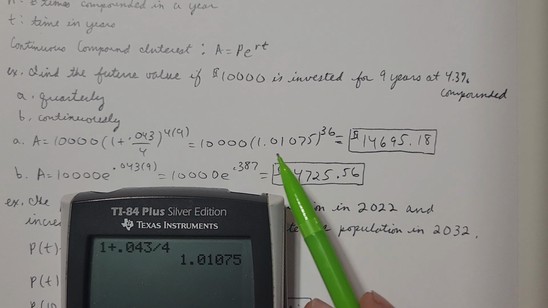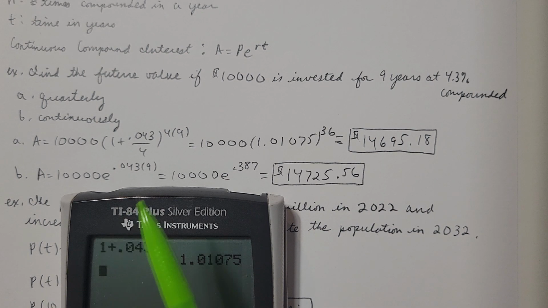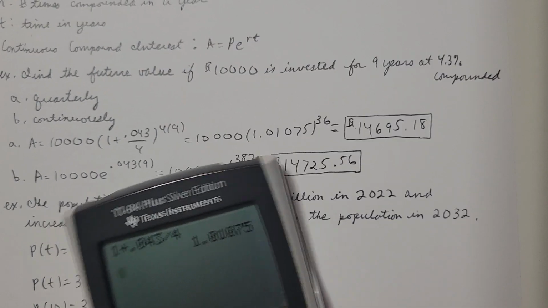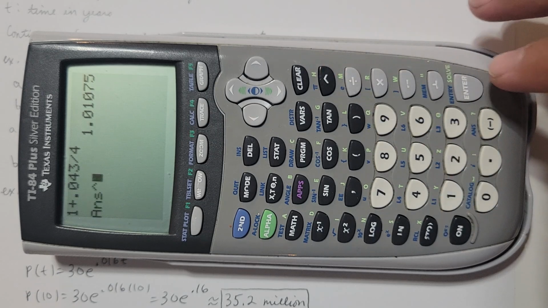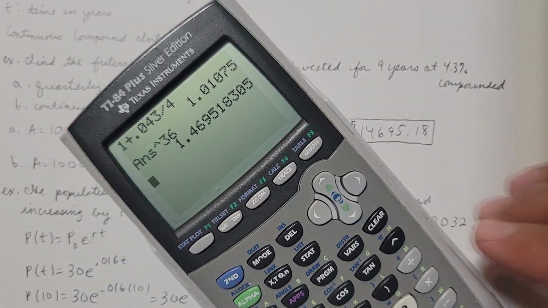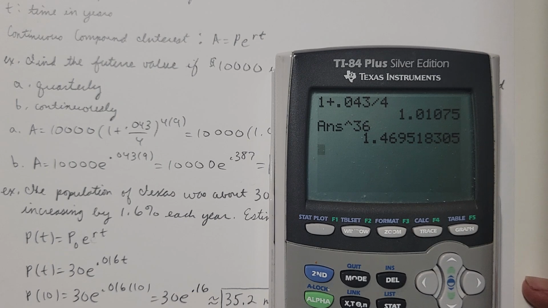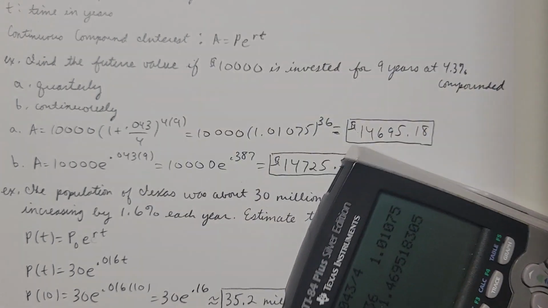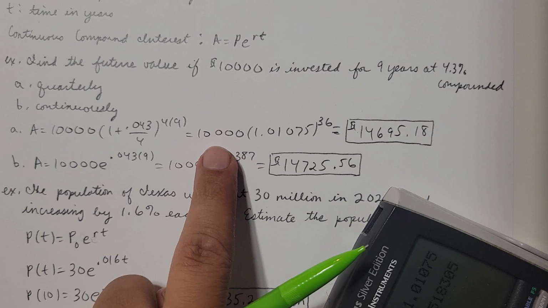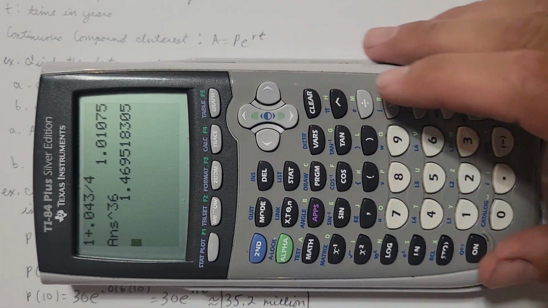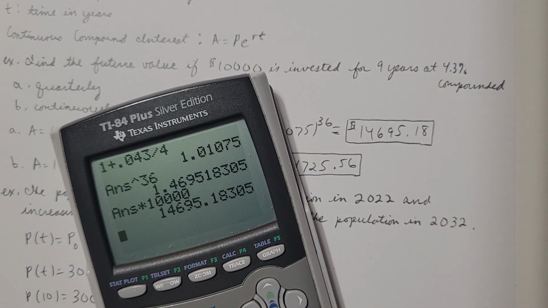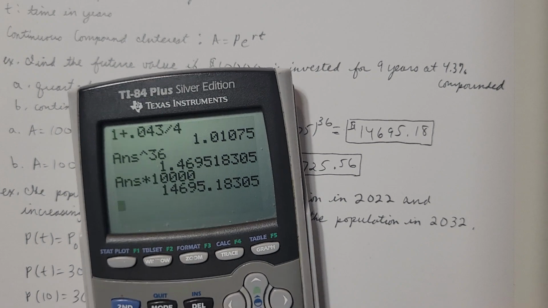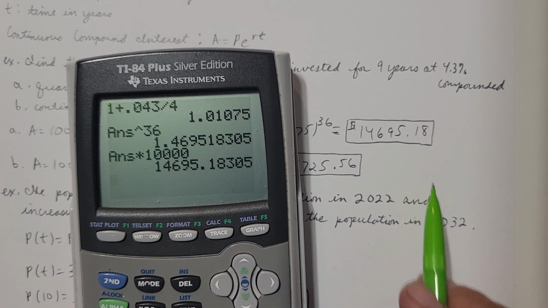So just use all the digits that you see on the calculator. Okay, and 4 times 9 is 36. So the next thing is I'm going to raise that number to the 36th power, and that's what I get. Then I'm going to multiply it by 10,000, and it looks like I'm getting $14,695.18.